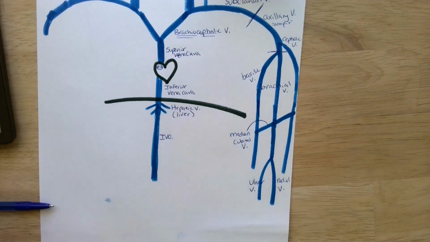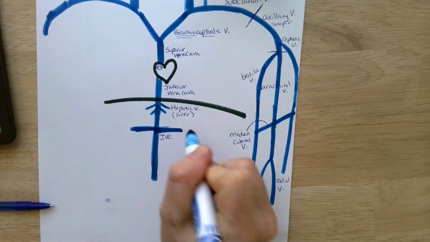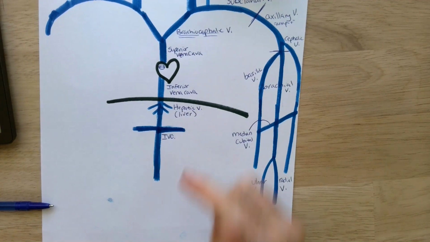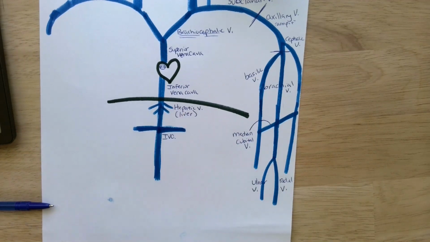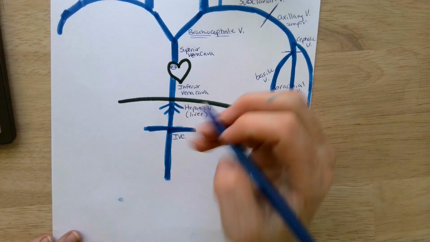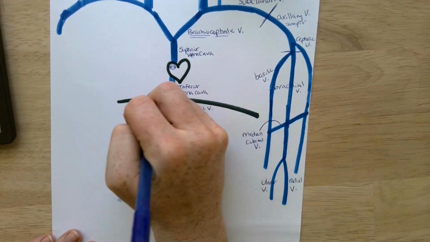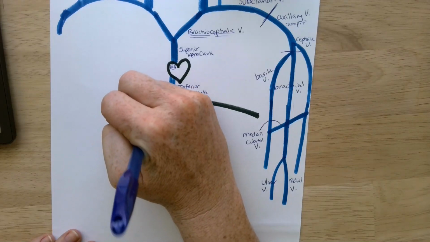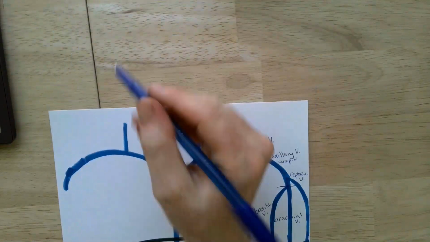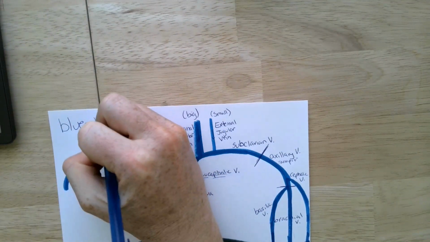And then draining from the kidneys on either side. I draw them as if they're kind of connected to each other, but usually you have one kidney above another kidney. So you have the renal veins. Okay, so there's your kidneys. So the blue ones, blue equals veins.